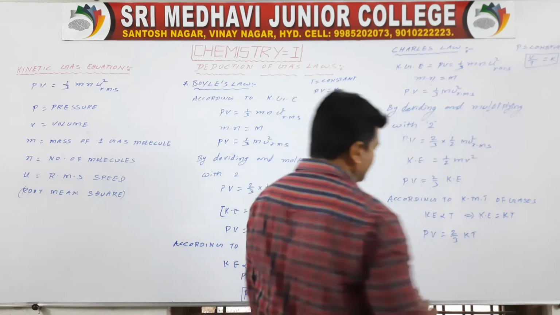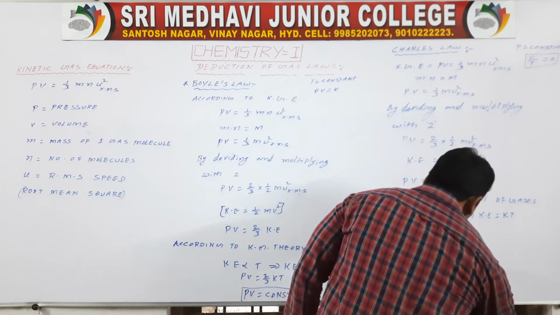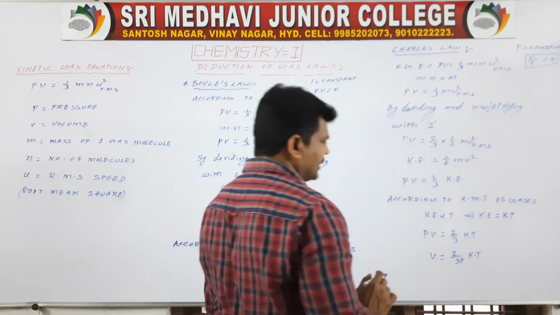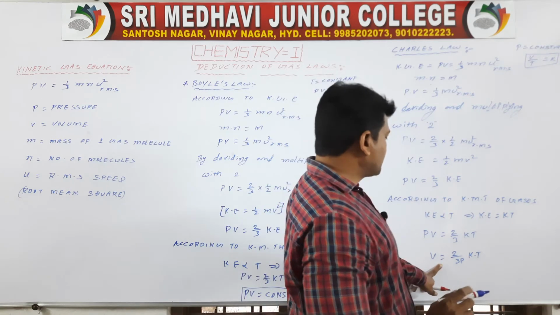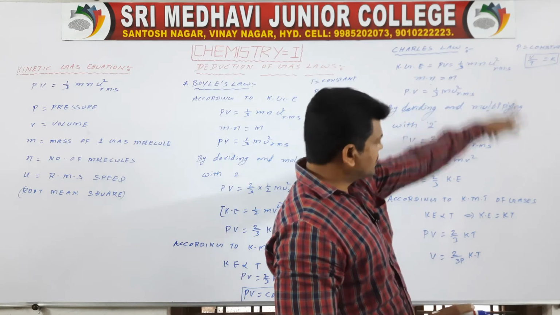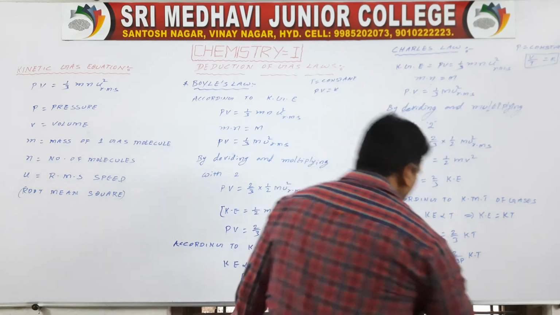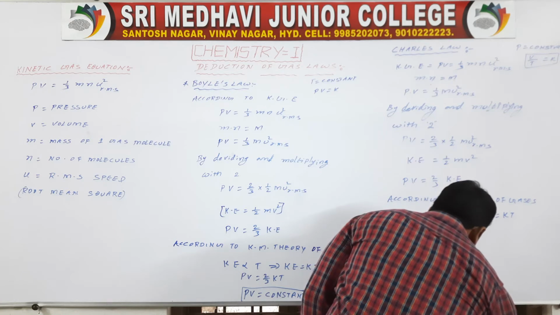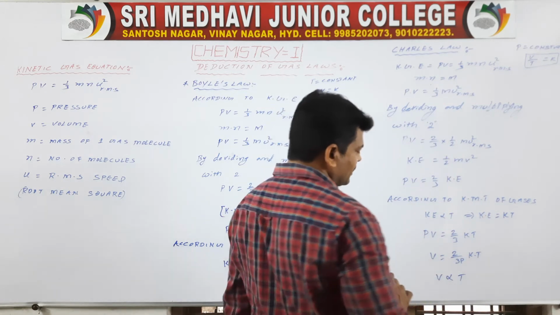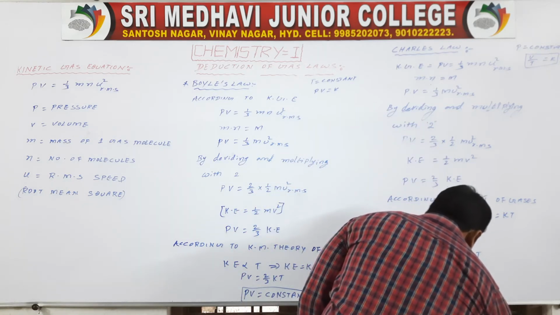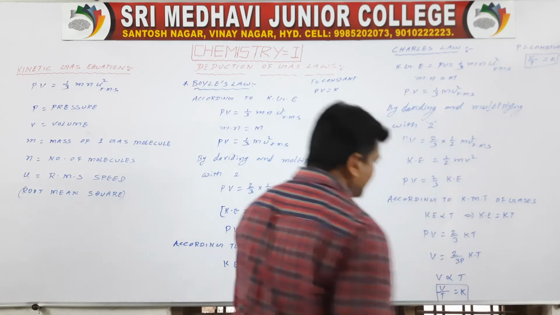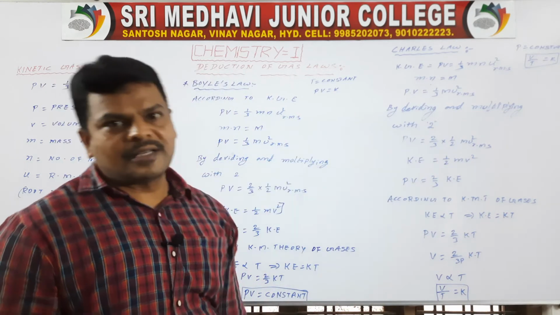I don't want P, so V equal to 2 by 3 P into kT. If you remove this proportionality, with 2 constant, 3 constant, pressure constant, and k also constant, then V is directly proportional to T. Then V by T equal to constant. So this is Charles law.